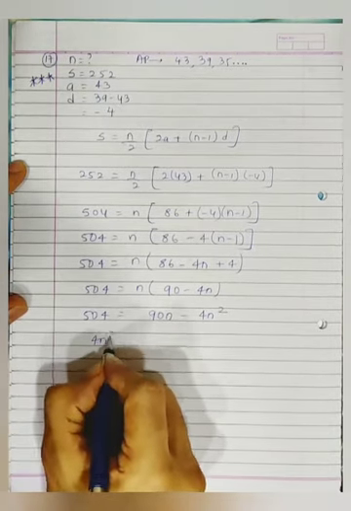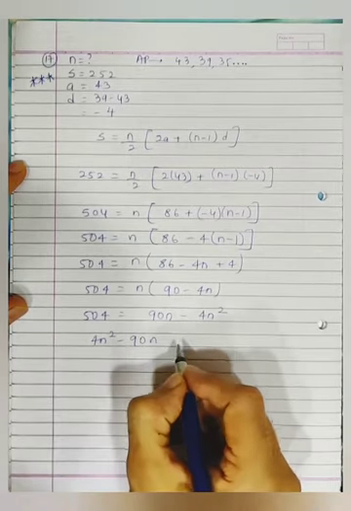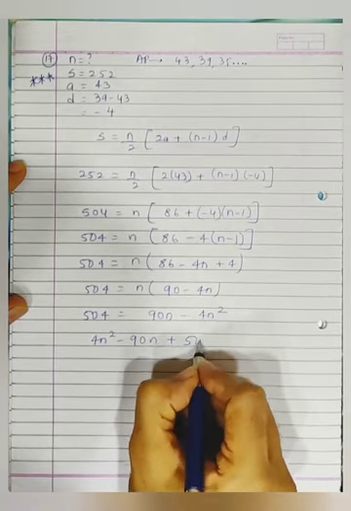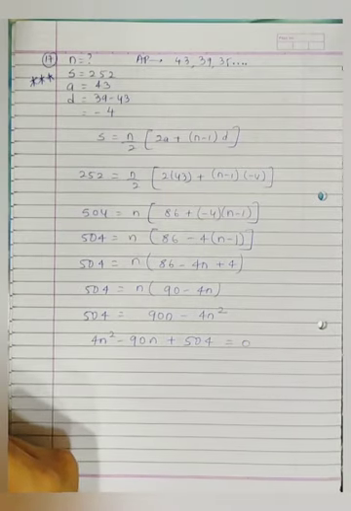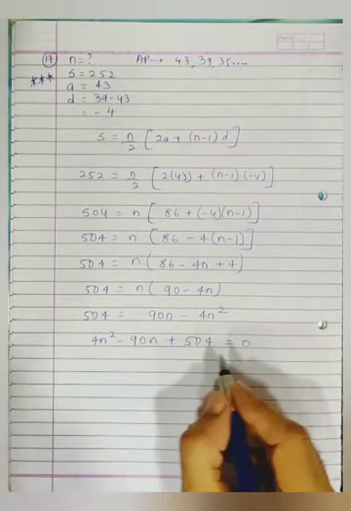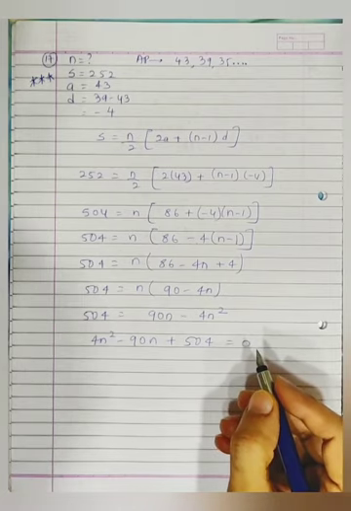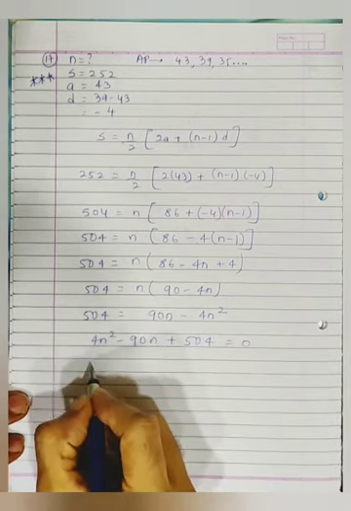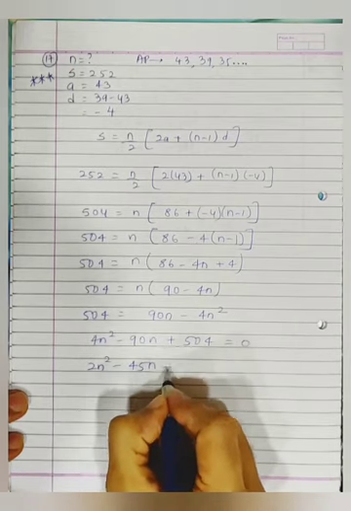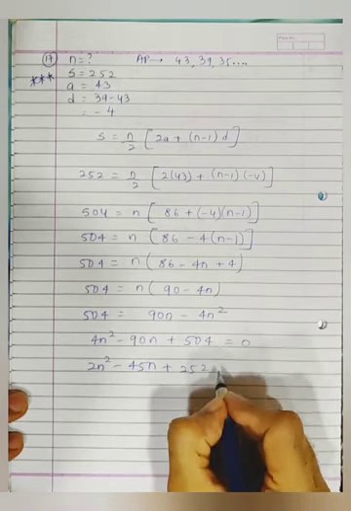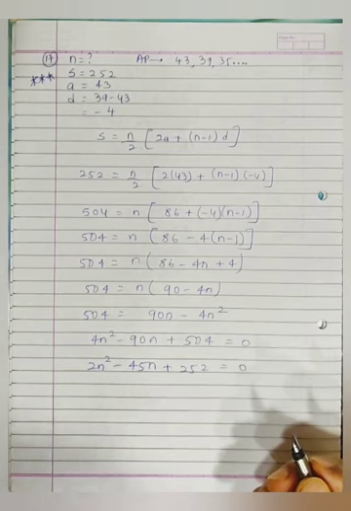So 4N squared minus 90N plus 504 is equal to 0. Now if you want, you can divide this equation by 2 and it will get simpler. So it will be 2n squared minus 45n plus 252 is equal to 0.